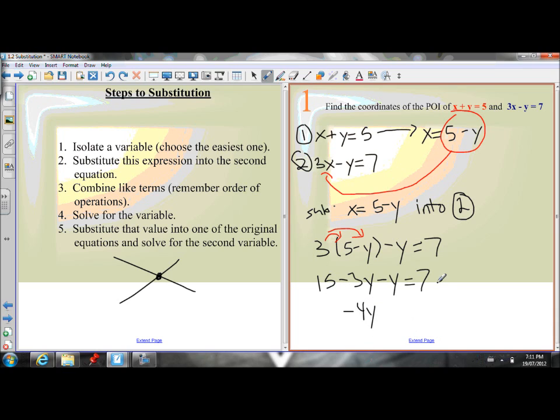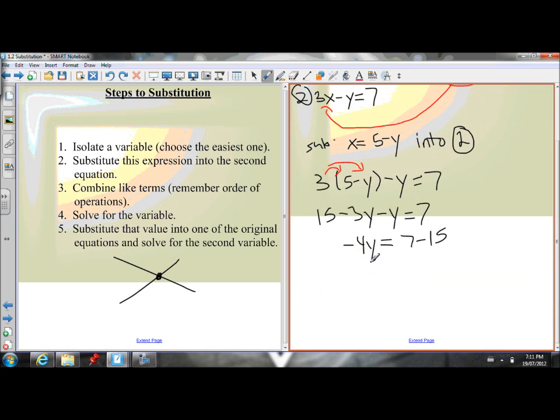I'm going to move that 15 to the other side so I can collect it with my other constant. So 7 minus 15, I get negative 8. I'm going to divide the negative 4 to the other side. Negative 8 divided by negative 4 gives me 2. So my y value is 2.